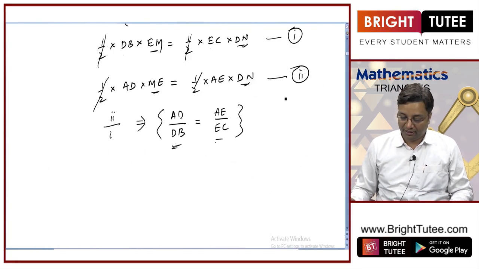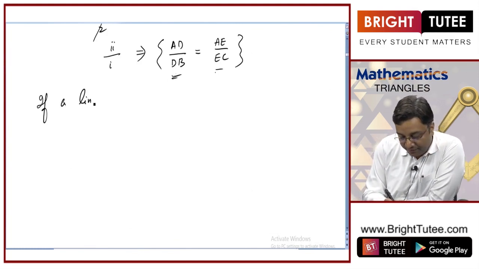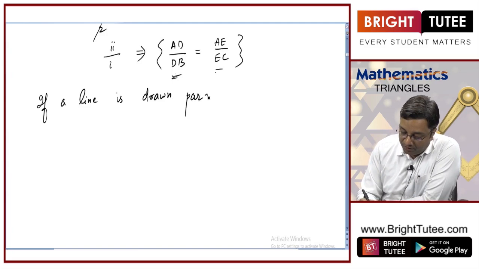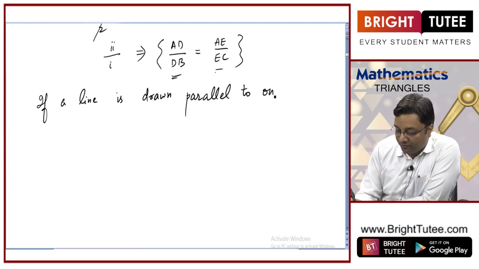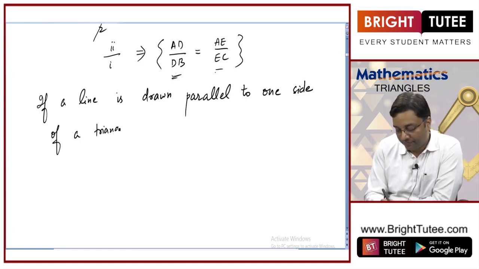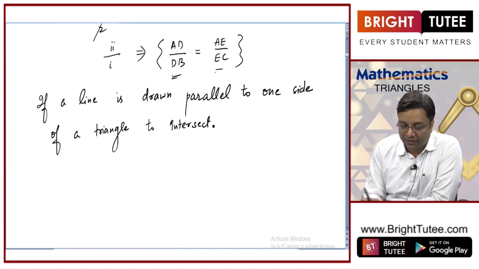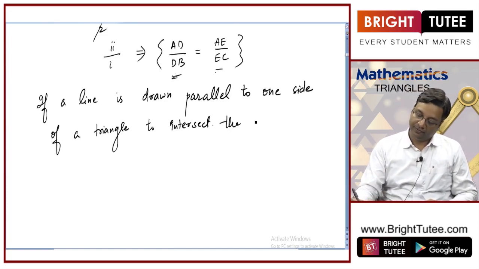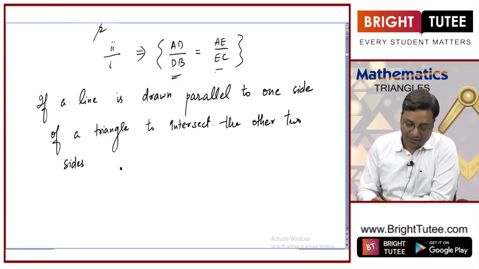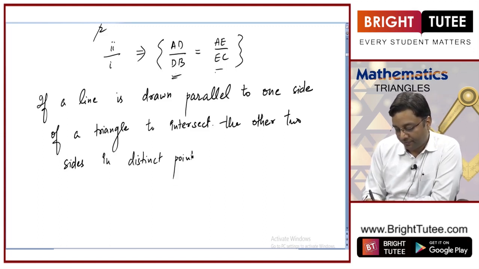So if we have to write the exact definition here, we can say: if a line is drawn parallel to one side of a triangle to intersect the other two sides in distinct points, right.